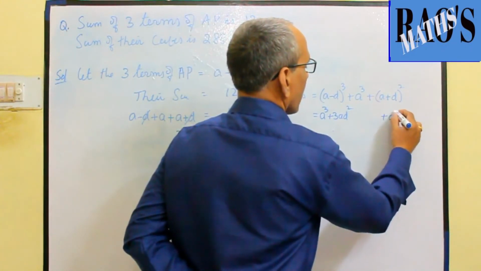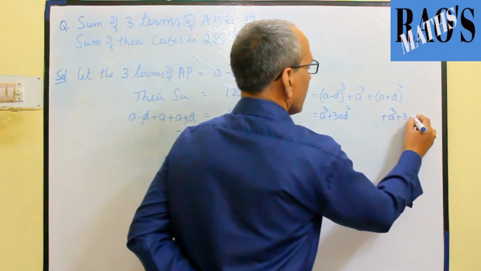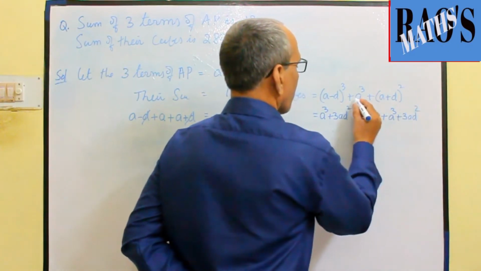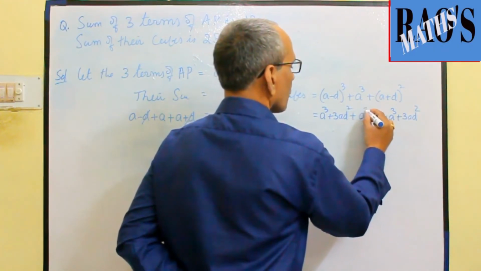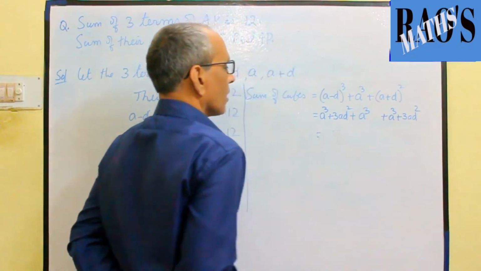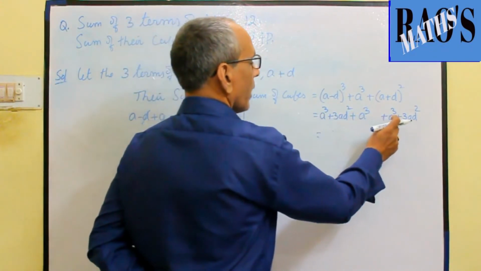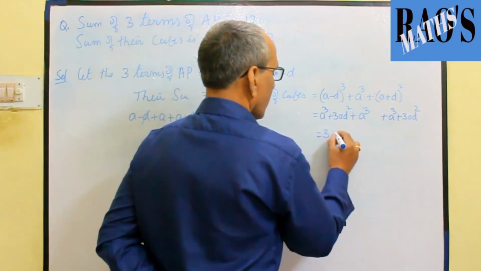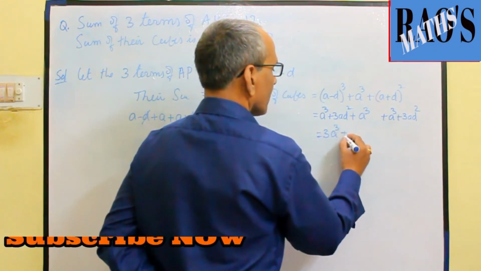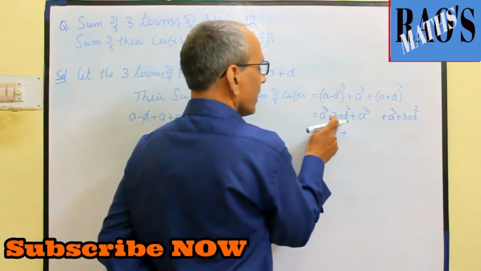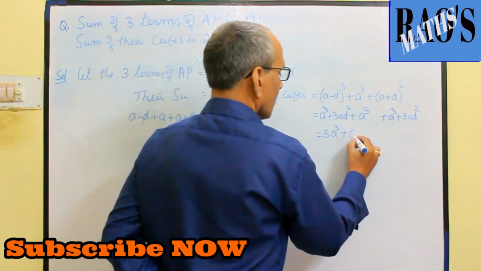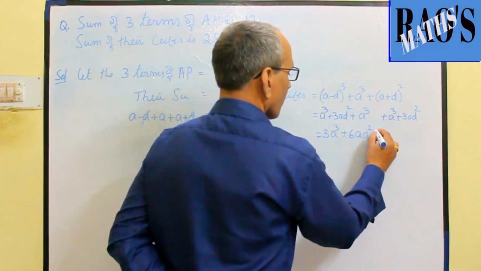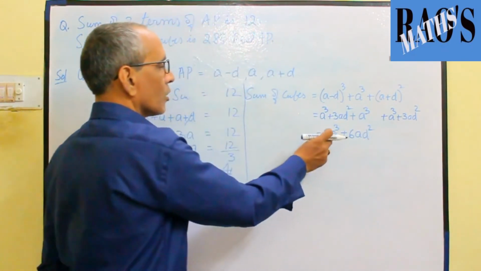Plus A cube plus 3A D square, plus the middle term A cube. What is the sum now? A cube, A cube, A cube: 3A cube plus 6AD square, 3AD square, 3AD square, 6AD square. So this is the sum of the cubes.